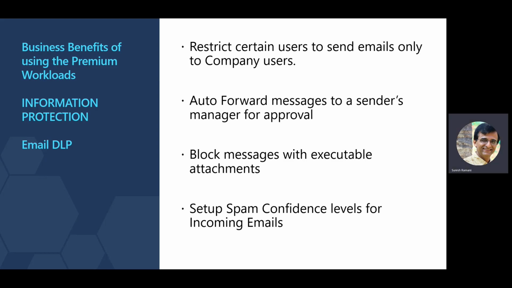To prevent this, one can set up a filter so that such attachments are blocked before they hit the user mailbox. Next is set up spam confidence levels for incoming emails. Incoming messages are assigned a spam score based on which a message is delivered as clean, as spam, or as a less important message.